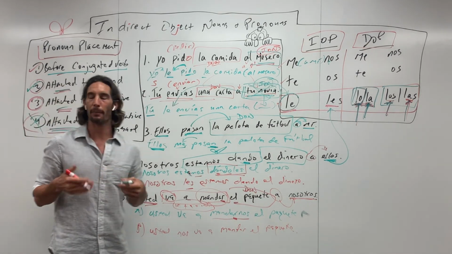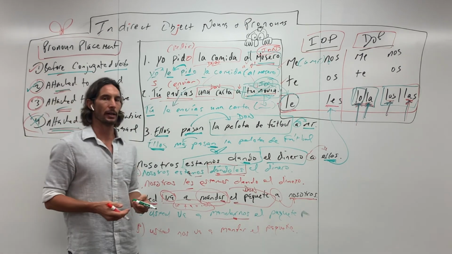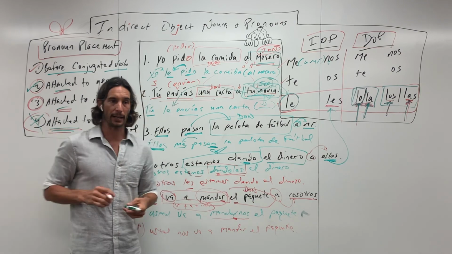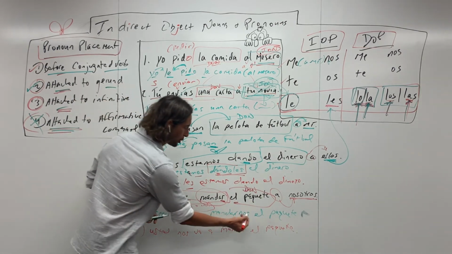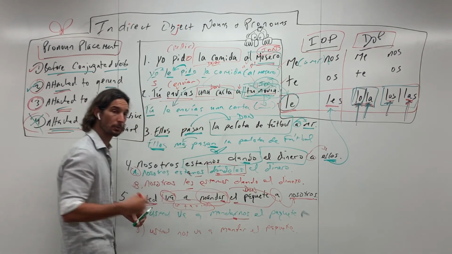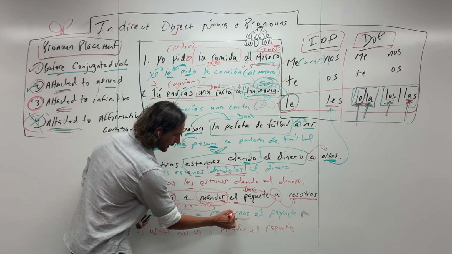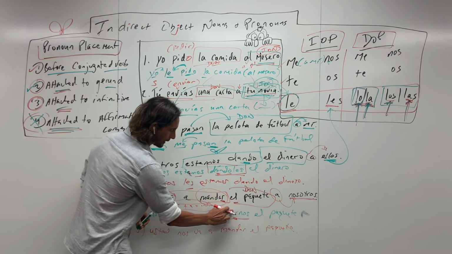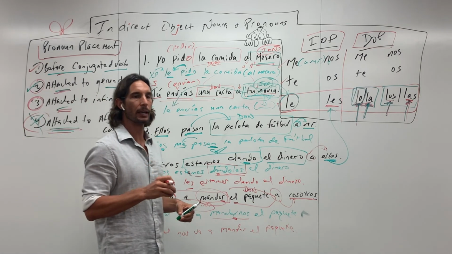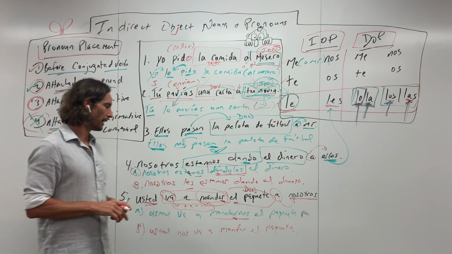If it's a single object pronoun, like mandarnos, for example, we don't put an accent on it. If it's a double object pronoun, however, we do put an accent on it. So that would be two pronouns attached here. And I won't bother with an example today because we'll do that on a different day. But if there were one, you would put the accent over here, right? And so it would go over the A of the AR verb, the E of the ER verb, and the I of the IR verb. And so again, we'll deal with that on a different day.